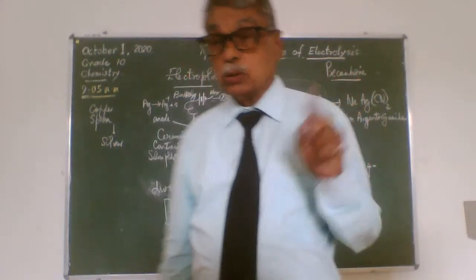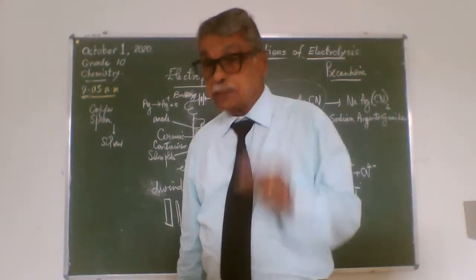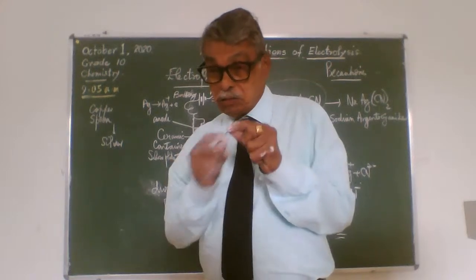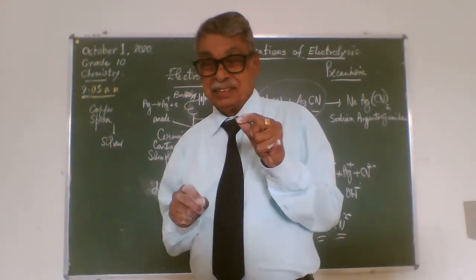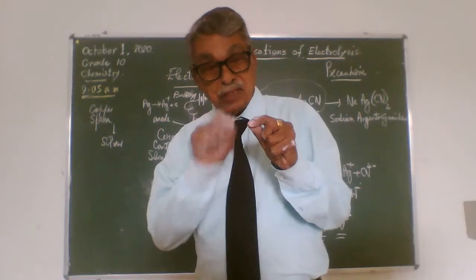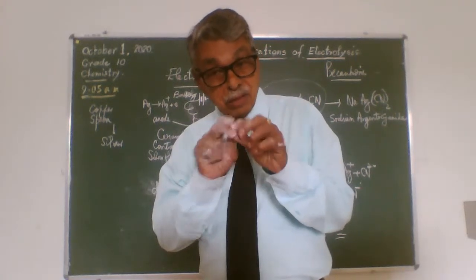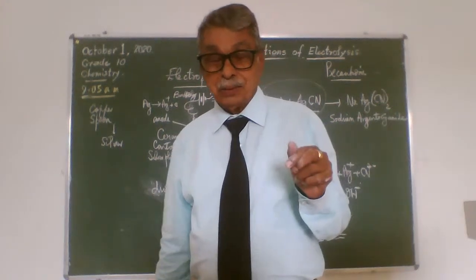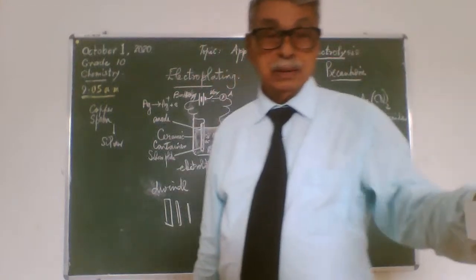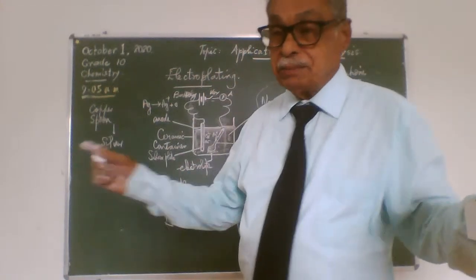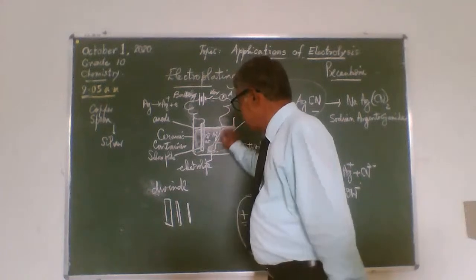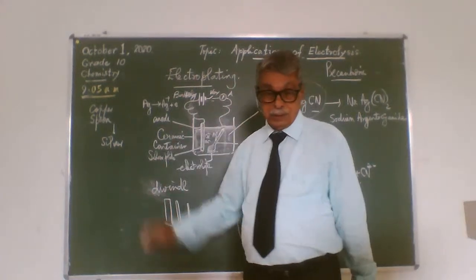And not only better, it will be a fast deposition. It gets deposited firmly, which means it will not come out easily. So a low current used for a longer period of time ensures better deposition of silver.